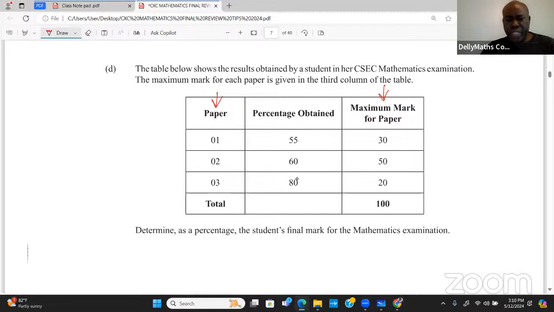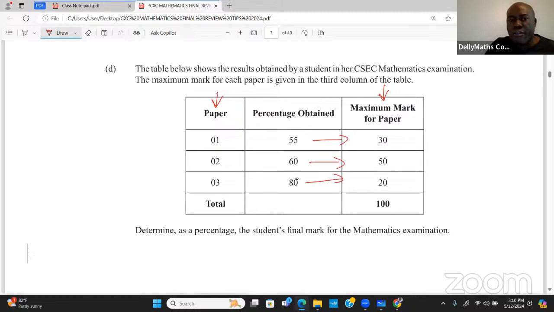All right. Now, here's a question, though. Determine as a percentage the student's final mark for the maths exam. All right, we want to know the final mark for the exam. So being that we got the percentage, we're going to relate the percentage each time we're going to find it.